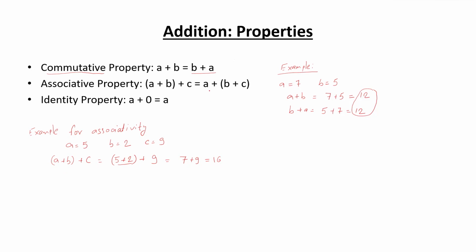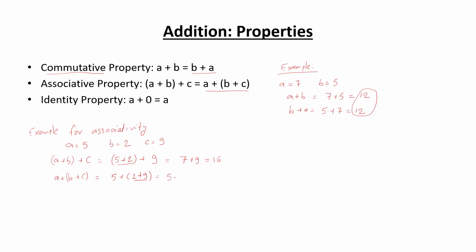Similarly, let's see the other grouping: A plus B plus C, but the bracket is over here. Let me write it down. A is 5, B is 2, C is 9, right? Again, bracket means you have to add these two first.